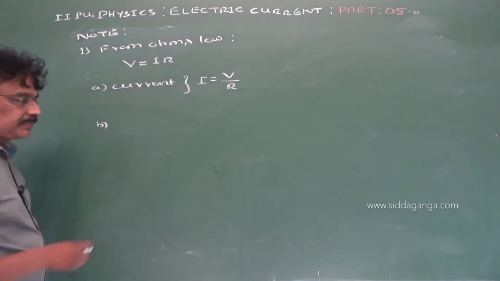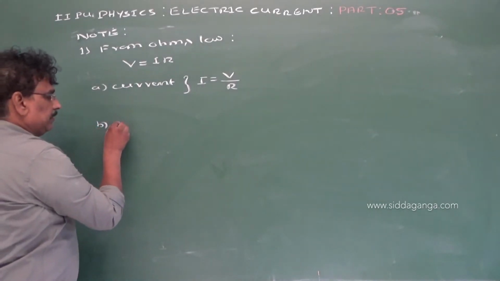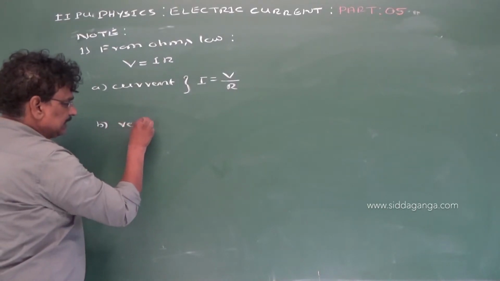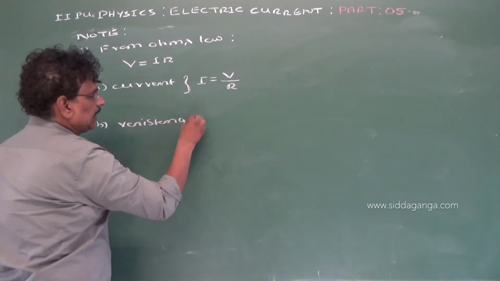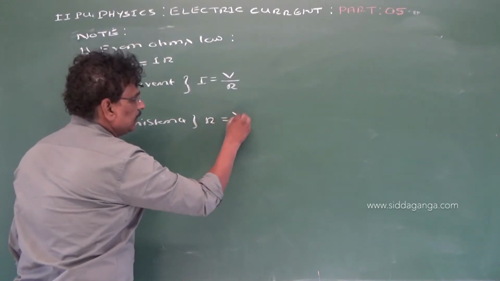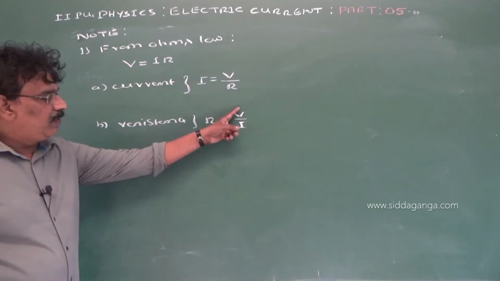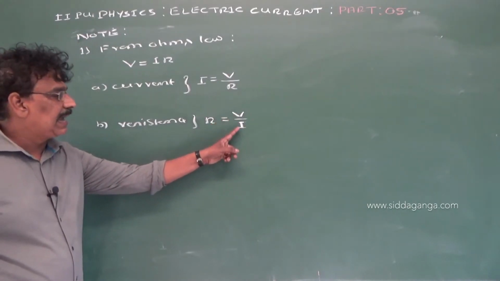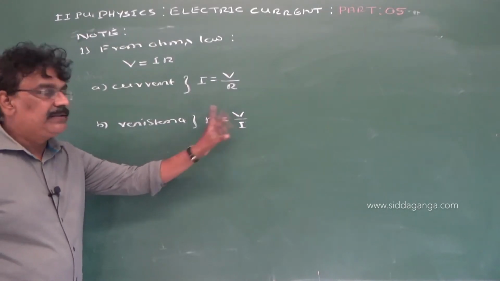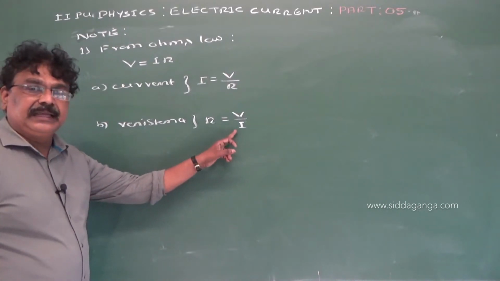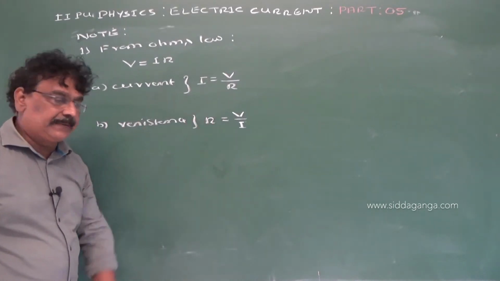B. Now we have resistance of conductor. R is equal to V by I. If we know potential difference and current, then we can calculate the resistance of the conductor.